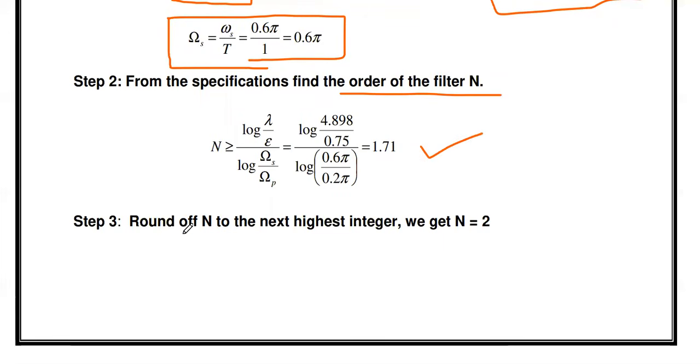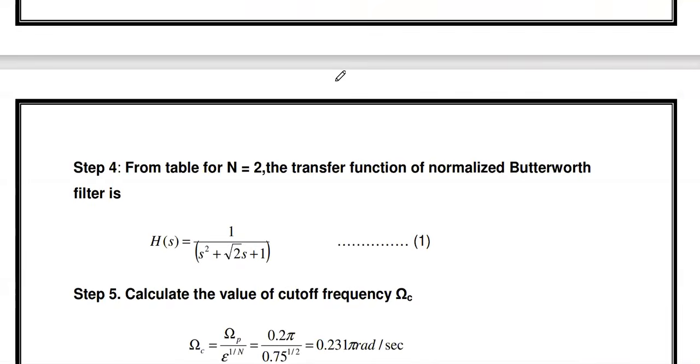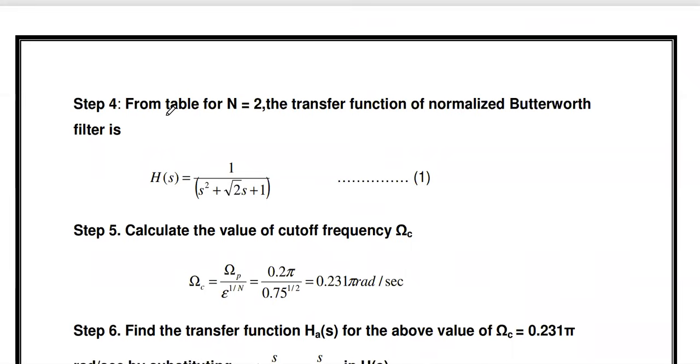Then what is the next step? We have to round off the n value to the next highest integer. So 1.71 is rounded to n equal to 2. So our given specification is a second order filter. So this is the Butterworth. We have one standard table for the normalized Butterworth filter transfer function.